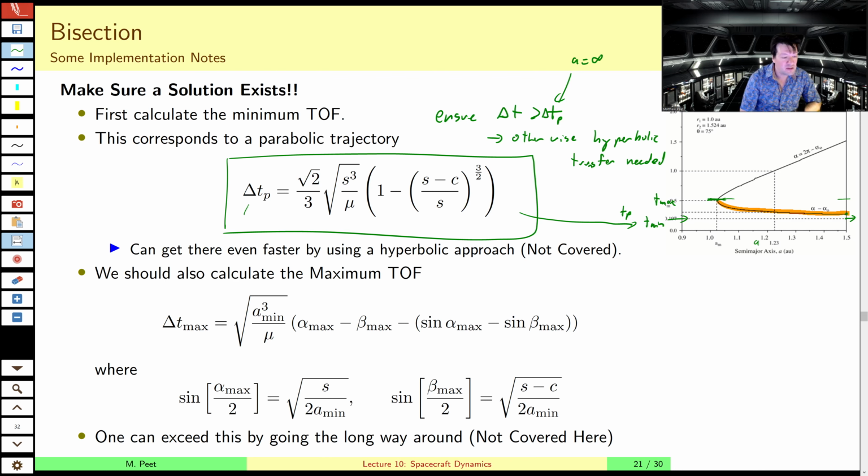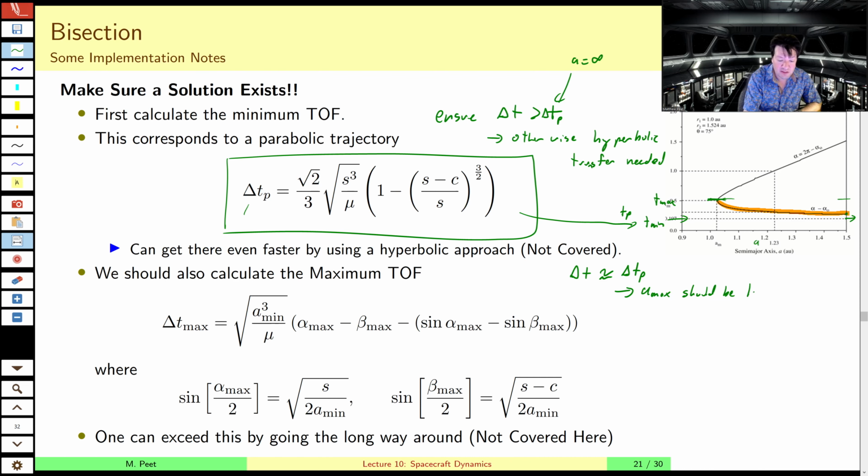How large? I can't tell you. Just guess a value and calculate the corresponding delta T, and if it's not sufficiently short, then you have to increase your max. So that's the first part, first step.